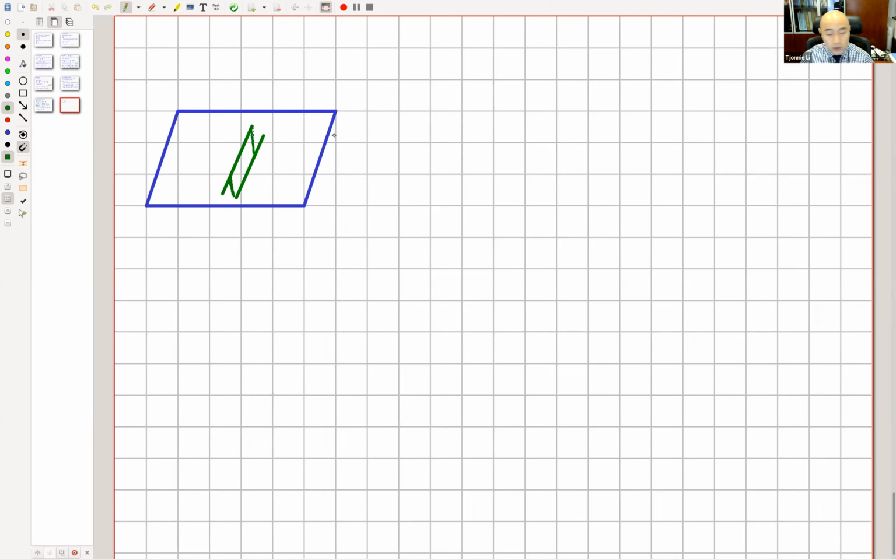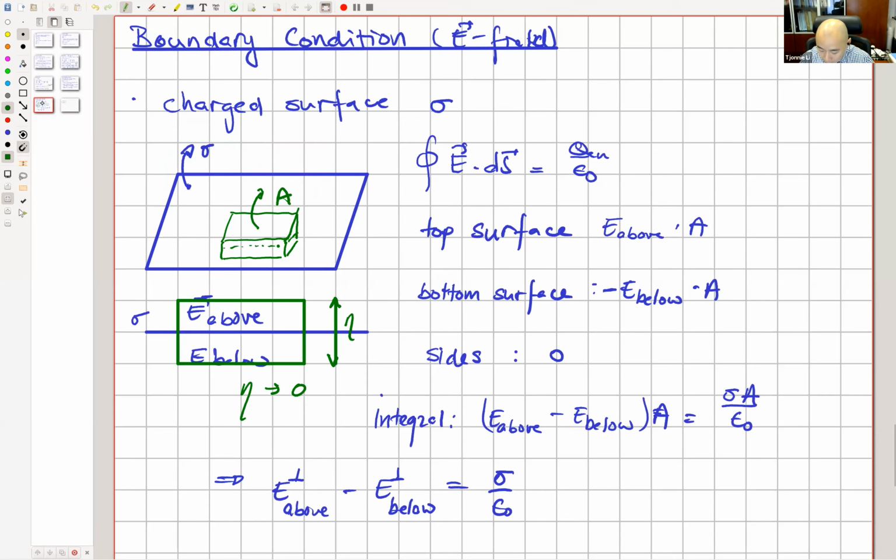Okay, so the question is, if the field is due to sigma on the surface, why are the field lines above and below not pointing in opposite directions? They are pointing in opposite directions.